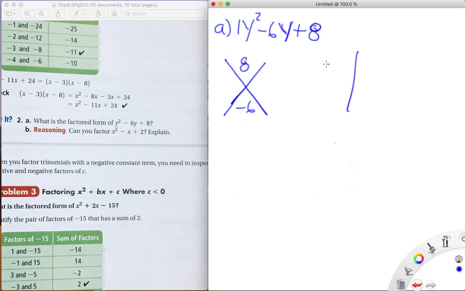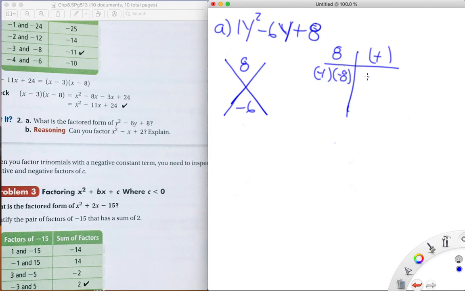So since I know that my final answer is going to be negative, when I set up my factor tree for the product, I'm going to make the numbers negative. Negative 1 times negative 8 gives me positive 8.